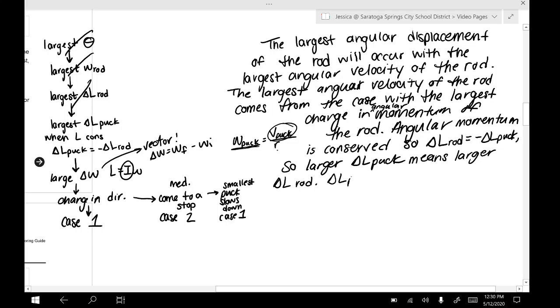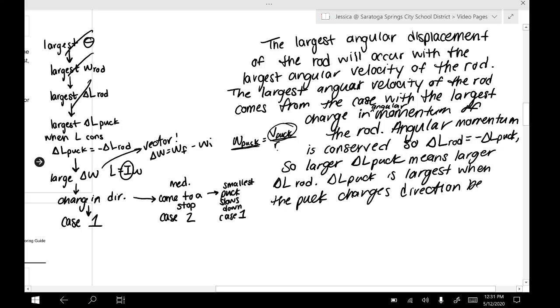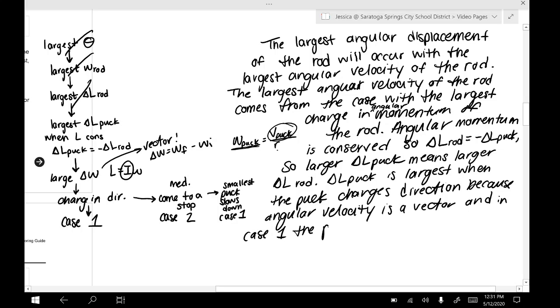The change in angular momentum of the puck is largest when the puck changes direction, because angular velocity is a vector, and in case 1, the puck bounces back.